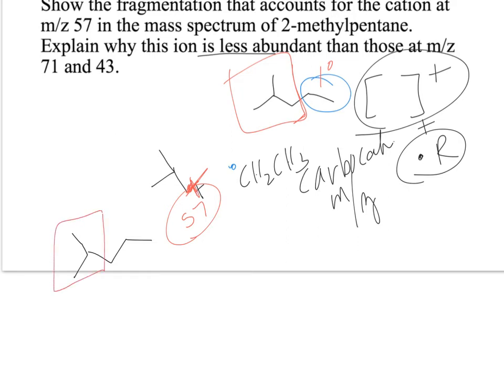If you fragment right there, then you're generating 1, 2, 3, that free radical plus that carbocation. And that carbocation is mass over charge of 43. And then the other one is 71, and that would be another stable carbocation.